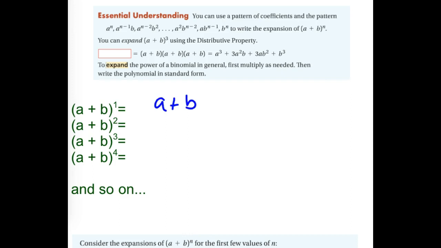Yes? What happens when we square it? That means we're taking a plus b times a plus b. Yes? What do we get if we FOIL that out? A squared.